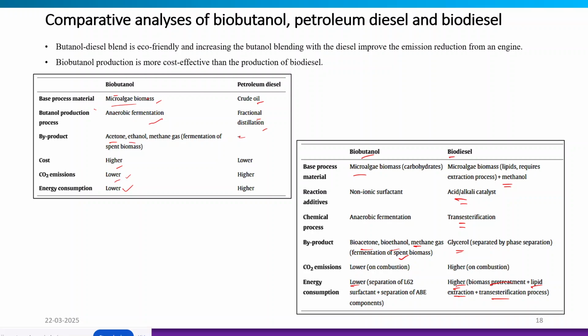Overall we can say that biobutanol production is more effective than biodiesel production, and it can be efficiently blended with diesel fuels or gasoline fuels in a good proportion, like 85 weight percent.